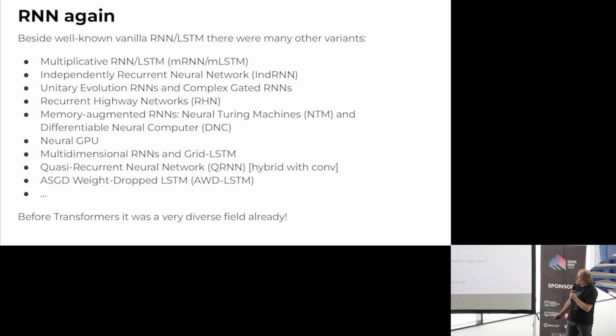For example, I'd highlight, you probably heard about neural Turing machines and the differentiable neural computer by DeepMind. That was a memory-augmented architecture that used an RNN plus some memory to solve potentially Turing complete tasks. And there were interesting models like neural GPU, for example, by Ilya Sutskever, by the way, and other interesting models like Grid LSTM by Alex Graves or AWD-LSTM, which was really good.